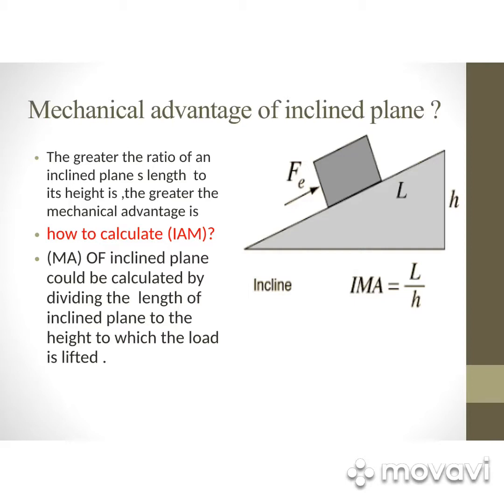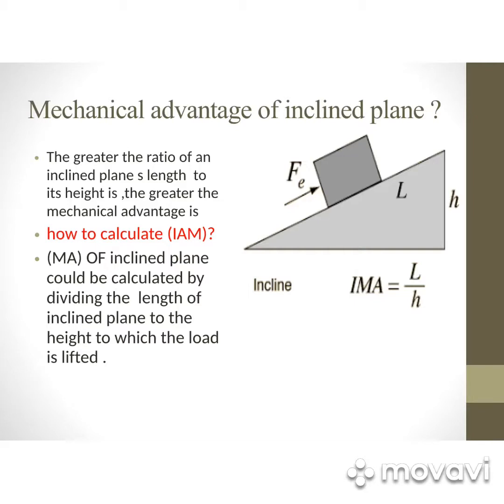So how can we calculate it? The IMA, which is the inclined plane mechanical advantage, can be calculated by dividing the length of the inclined plane by the height to which the load is lifted.